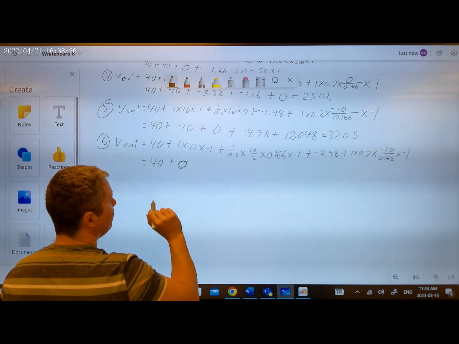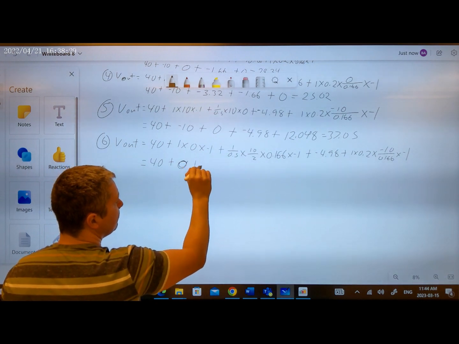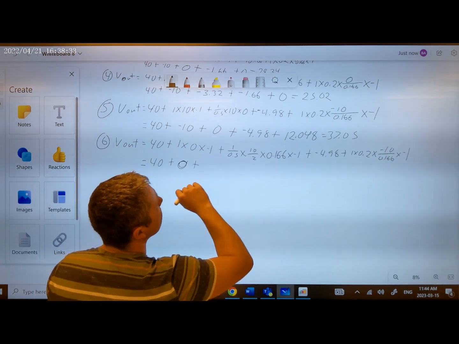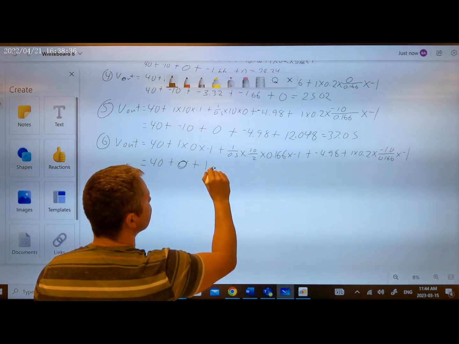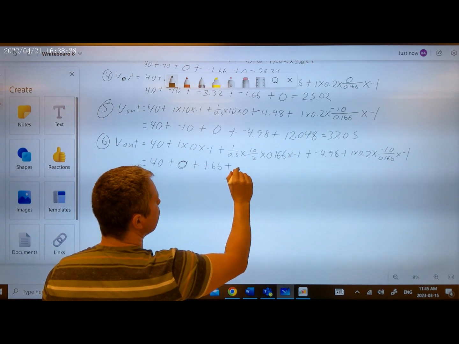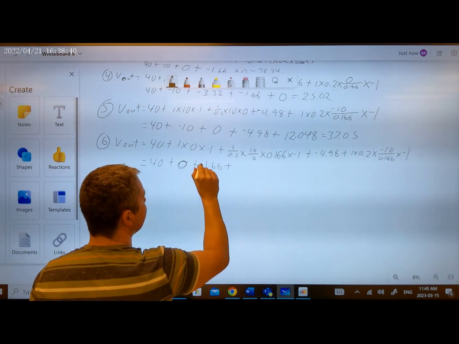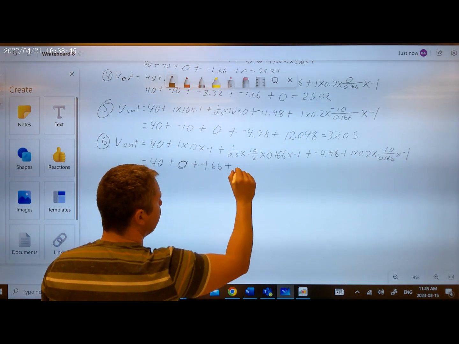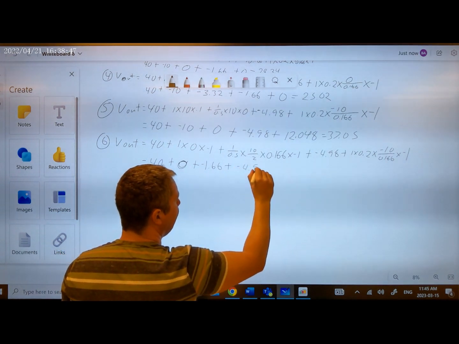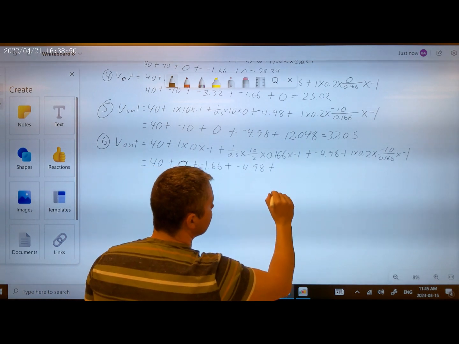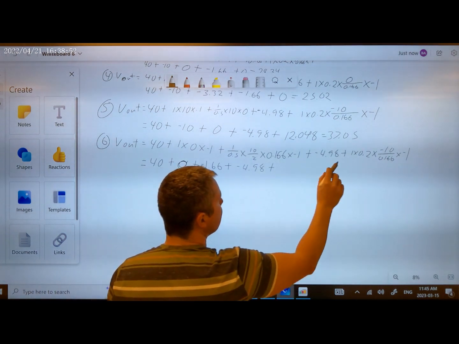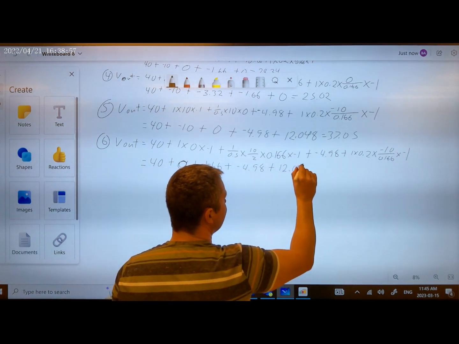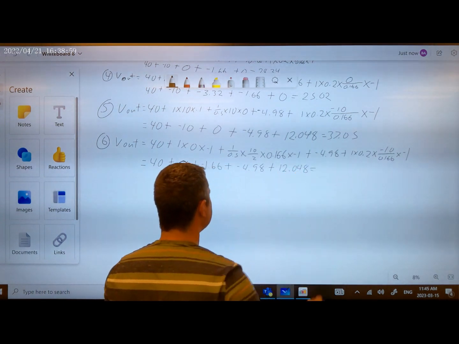Our proportional has an error of 0. Plus our new integral of -1.66, plus our cumulative integral of -4.98, plus, because we have two negatives, 12.048 of derivative.